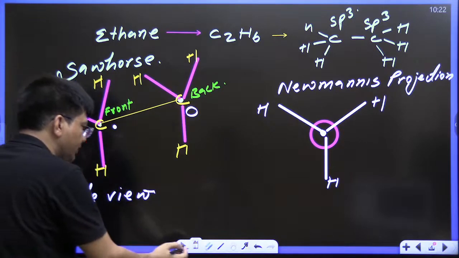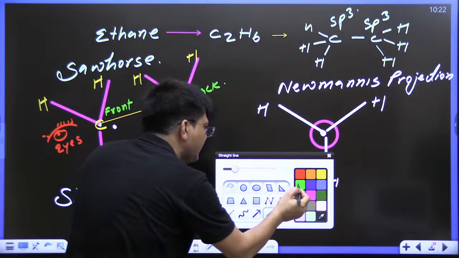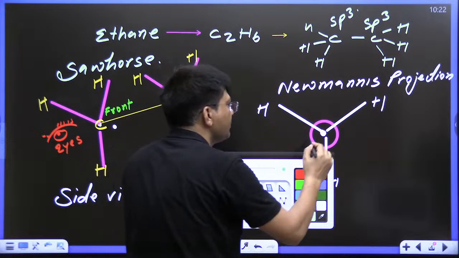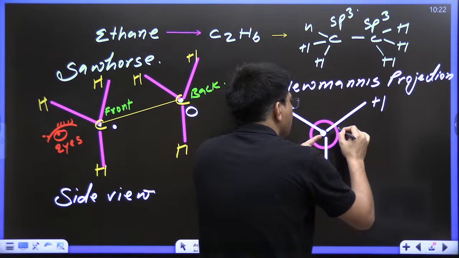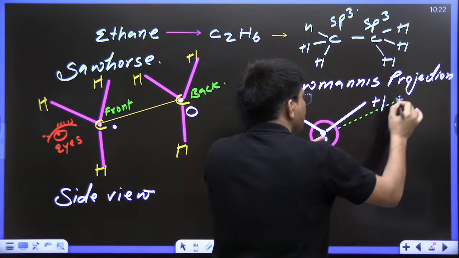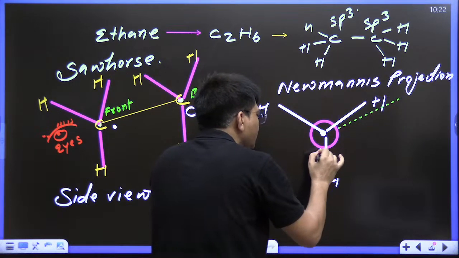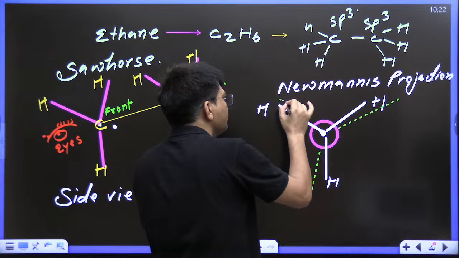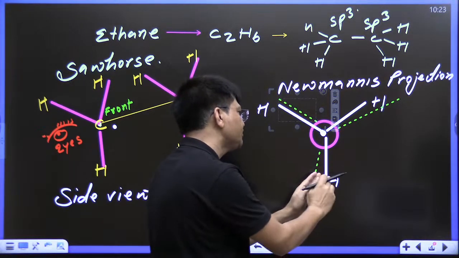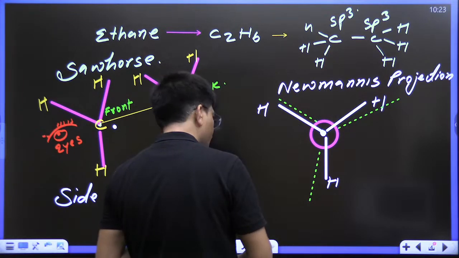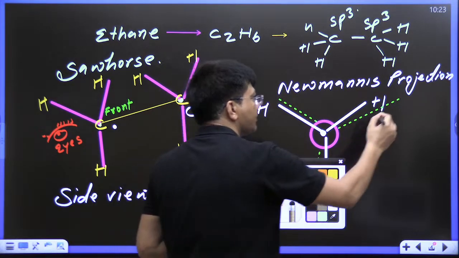You won't be able to see those hydrogens, so let me make it tilted so that you can see. It's over here. Can you see? They are just behind this white hydrogen, but I have to draw it like this so that you can see.